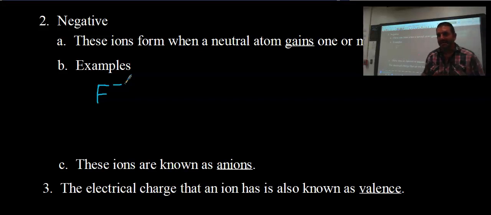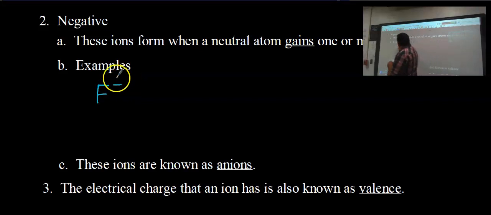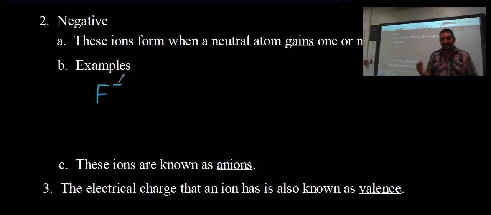How does it do that? Well, the neutral atom fluorine has 9 protons and 9 electrons, and it can gain 1 more electron to form this ion. So this ion still has 9 protons, it's still fluorine, but this -1 charge tells us that it must have 10 electrons. Therefore, we have 9 positives and 10 negatives for a net charge of -1.